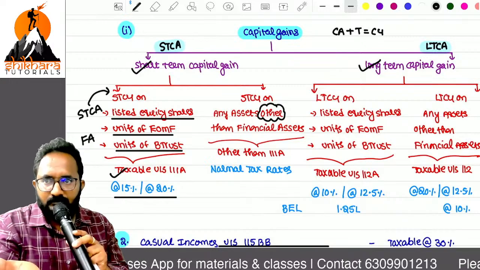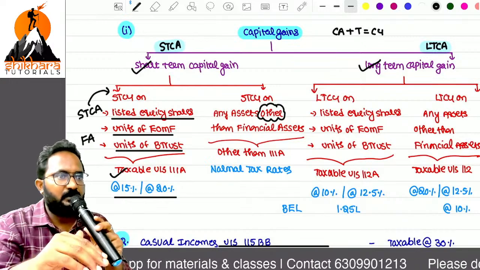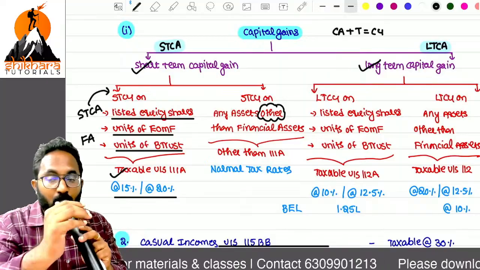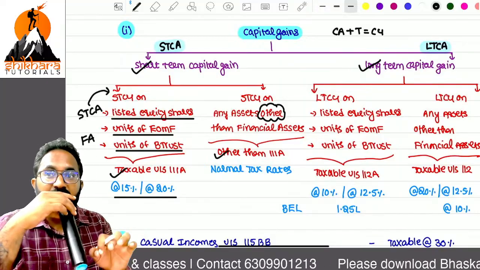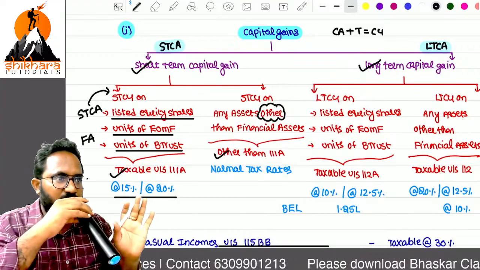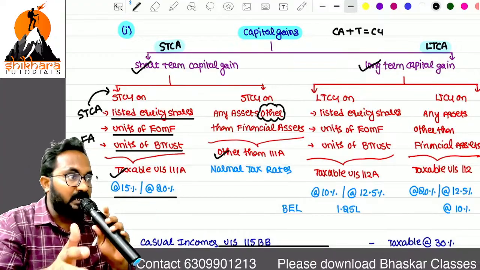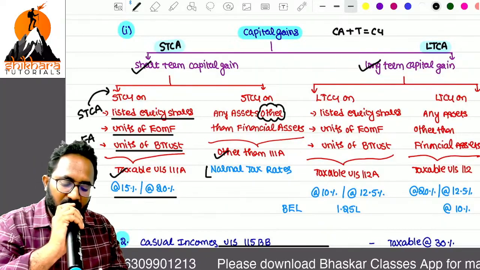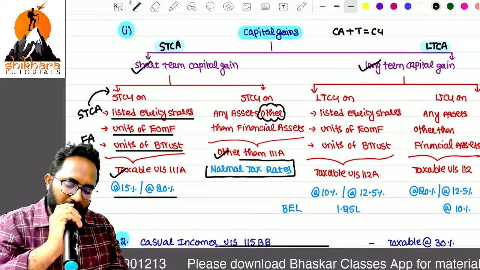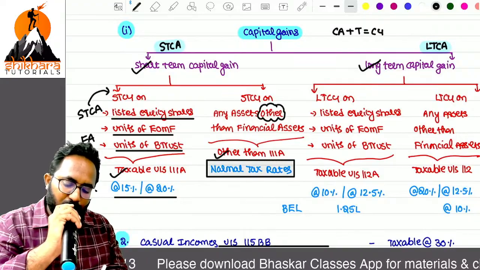Other than these 3 assets, if you transfer any capital asset, for example gold, or a building, say 2 months back I purchased one building and now I am selling it, then it is taxable under other than 111(a). There is no specific section for this. What is the tax rate? Normal tax rate. In my point of view, this is a very important point.